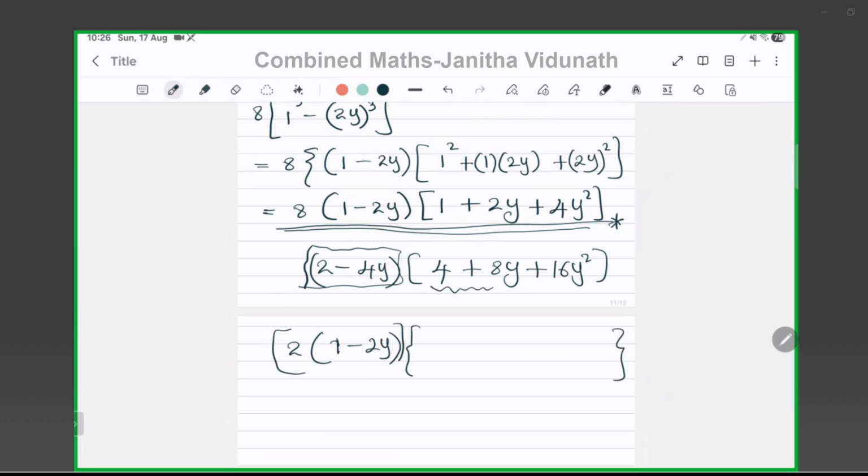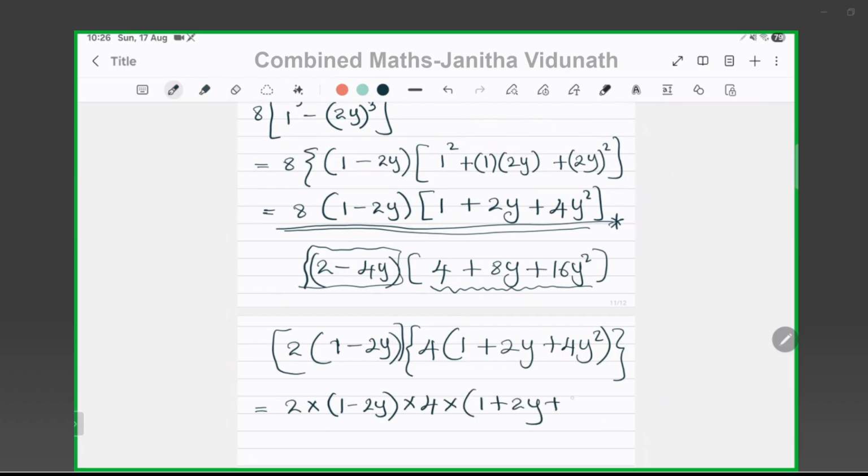From these three terms, we can factor out 4. Then we get 4 times (1 plus 2y plus 4y squared). Then finally we have 2 times (1 minus 2y) times 4 times (1 plus 2y plus 4y squared).